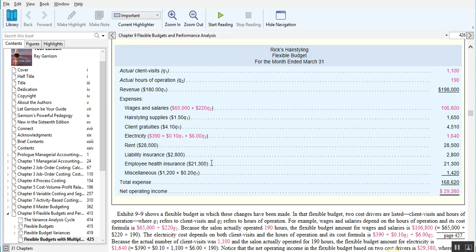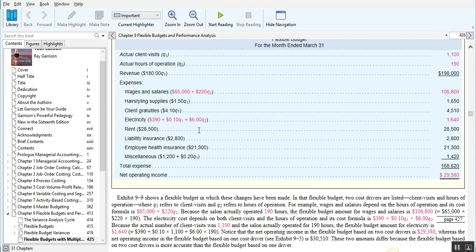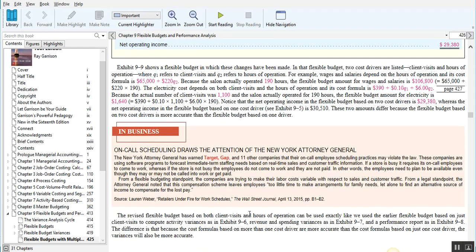For example, here the electricity is based on a flat rate of $390 plus 10 cents for quantity 1, which is client visits, and then plus $6 times quantity 2, and quantity 2 refers to hours of operation. So you're looking at two different activities that are cost drivers and calculating the amount of cost involved.